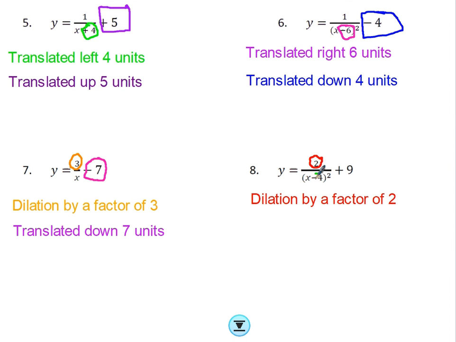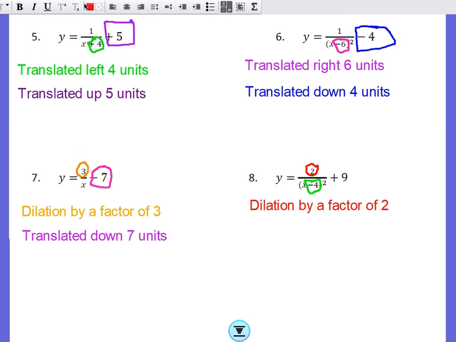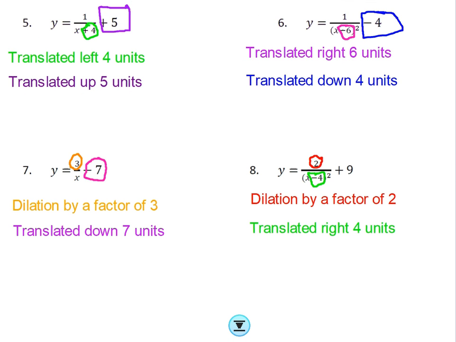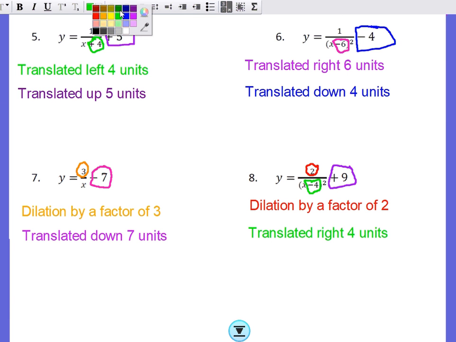This minus 4 here as our h makes this graph translated right 4 units. And this plus 9 here, our k, makes the graph translated up 9 units.